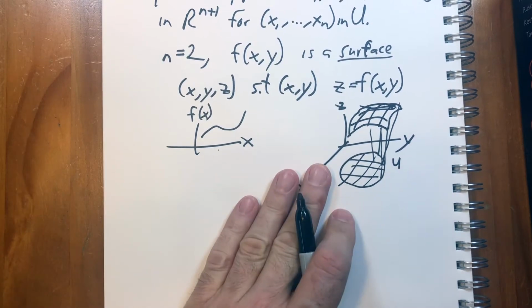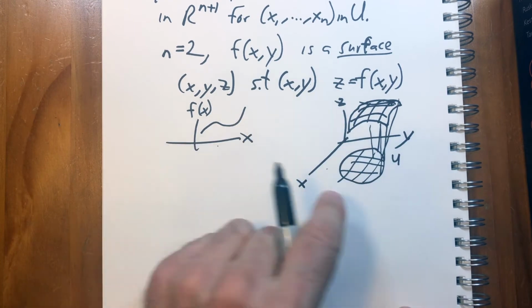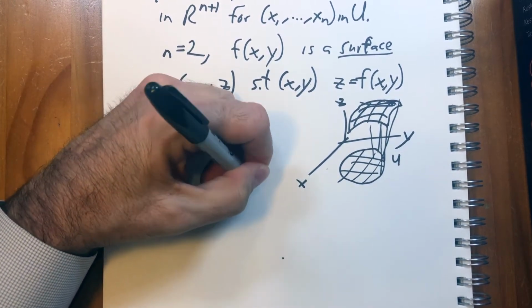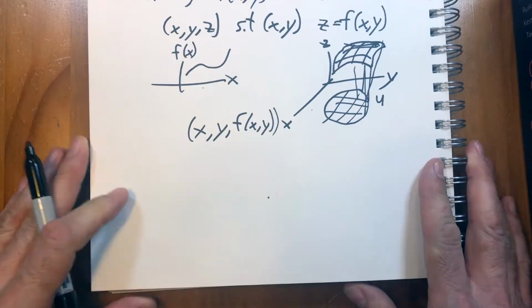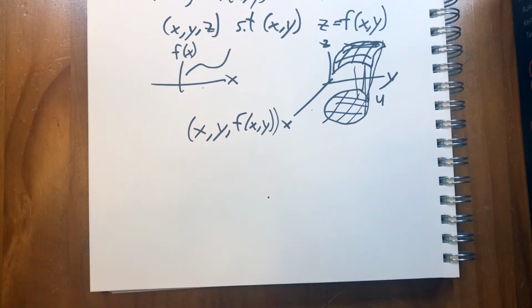Okay, so you have two variables in the domain, and then it makes a surface, one dimension more for the graph. So this surface is the subset of R3 that is x, y, f of x, y. Okay? So a graph is a defined object of a scalar function of any number of variables.